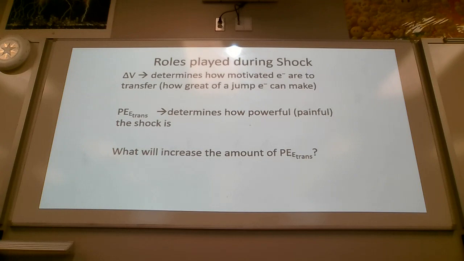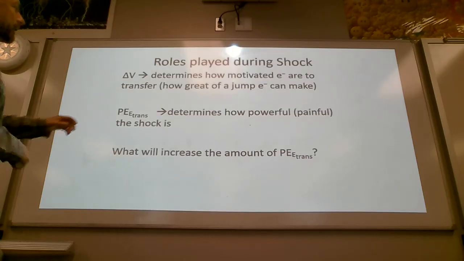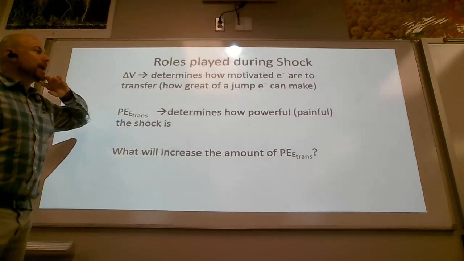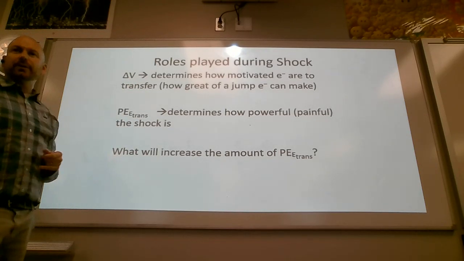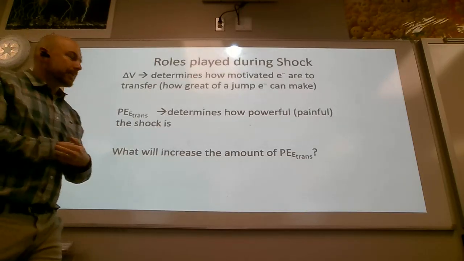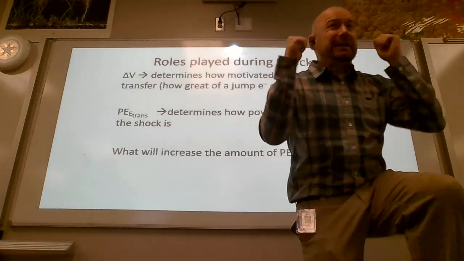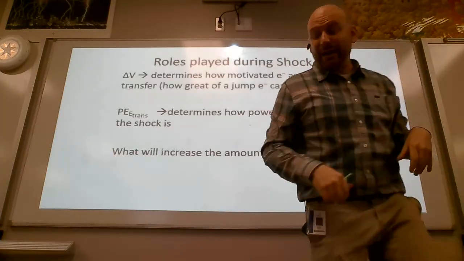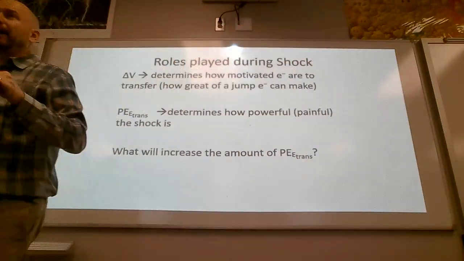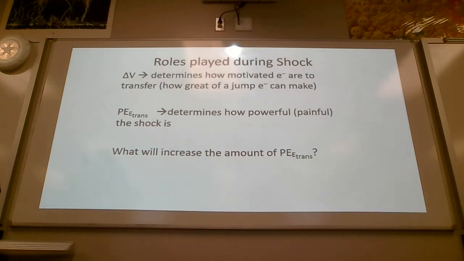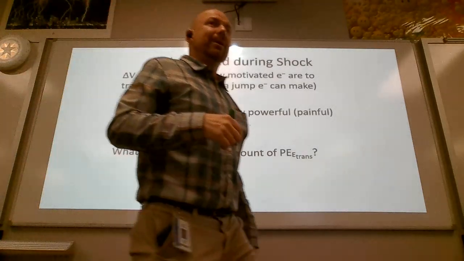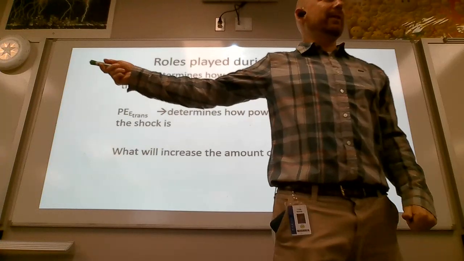Okay. So here's where this comes into how this impacts my life. Voltage, electric potential difference, determines how motivated electrons are to transfer. So it's like the electrons here are saying, I want to get out, and they look over this region over here, and it's just as crowded, and they think, why would I want to go over there?